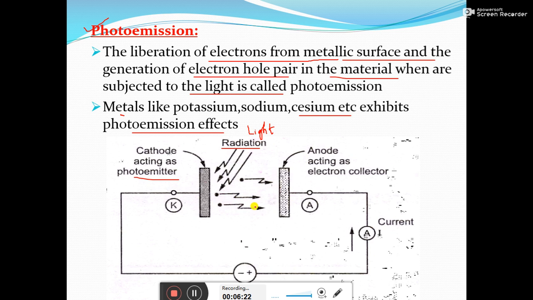Whenever these electrons move from cathode to anode, this constitutes a current, denoted by I in the emitter here. This current is referred to as the photo current, and the voltage is referred to as the accelerating potential.